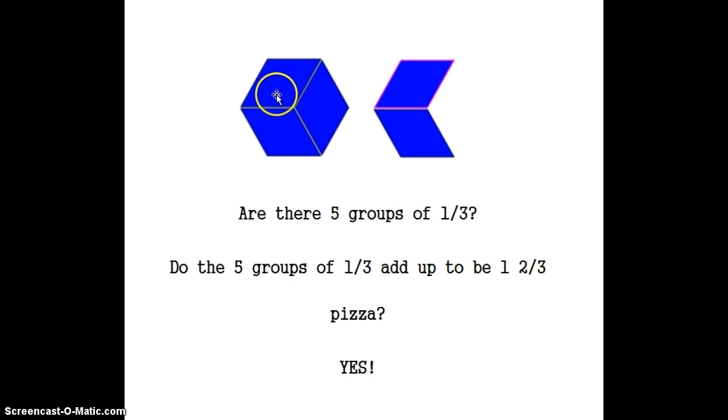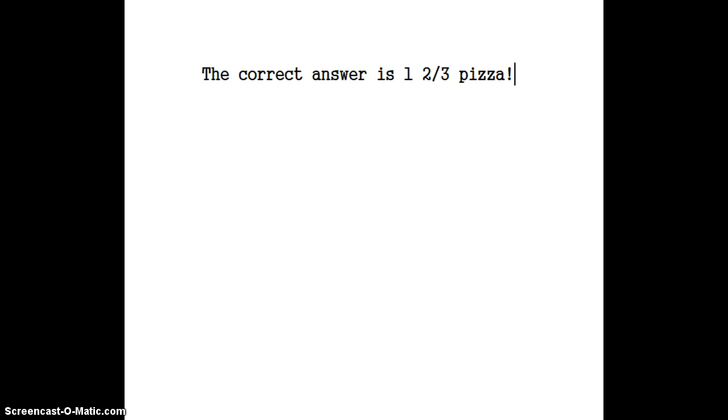And yes, 1, 2, 3, 4, 5. There are 5 groups of 1/3 pizza. Do the 5 groups of 1/3 add up to be 1 2/3? 1 whole and 2 parts of 3. So yes, they do. The correct answer is 1 2/3 pizza.